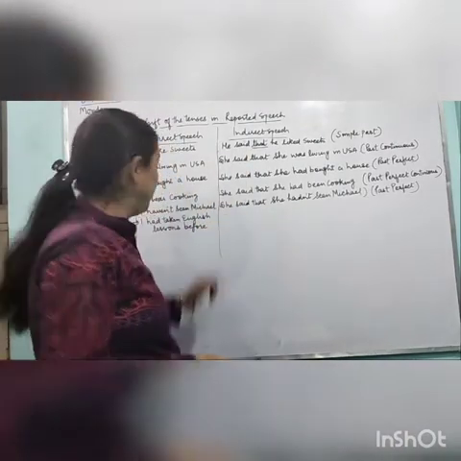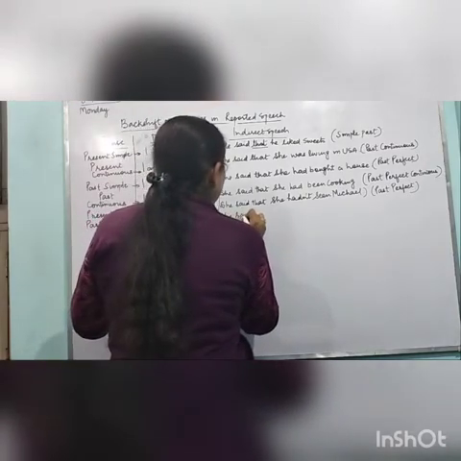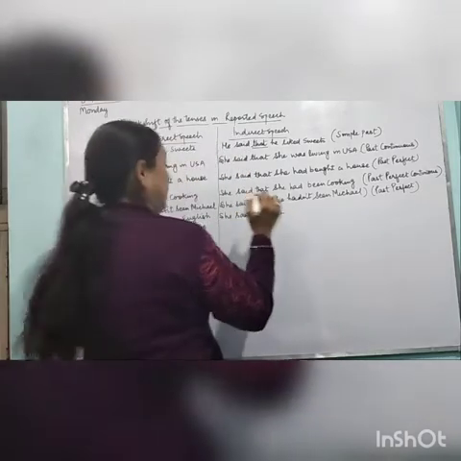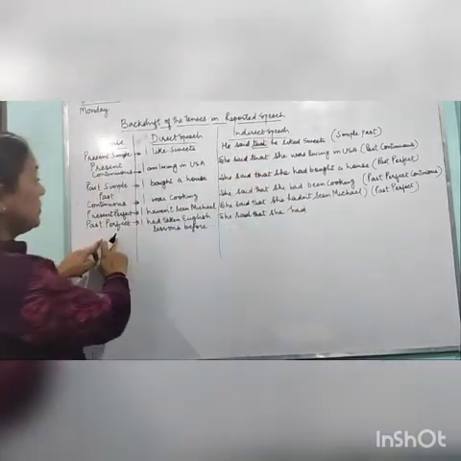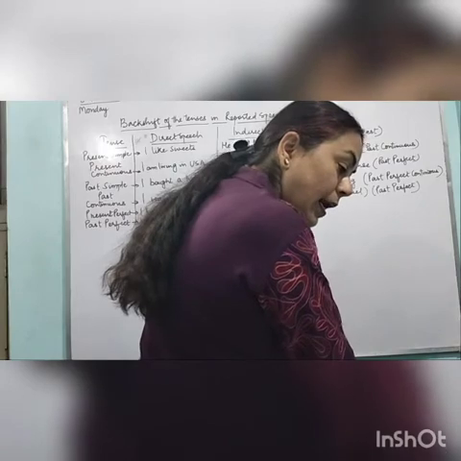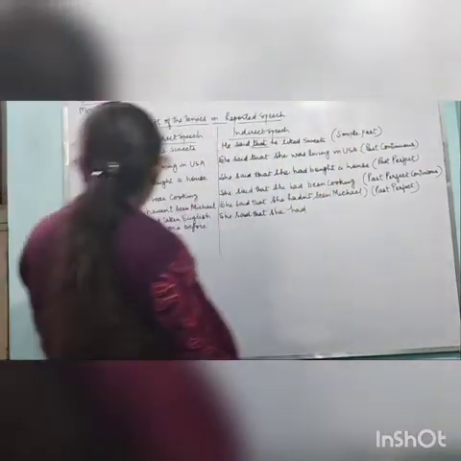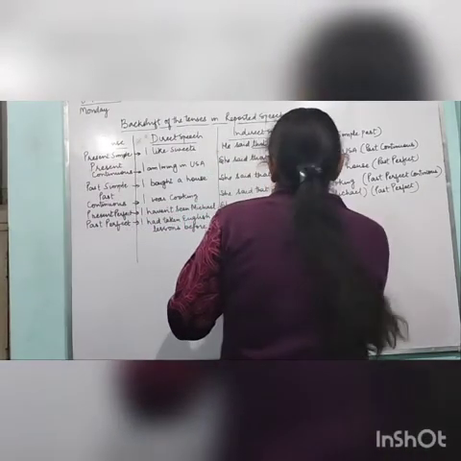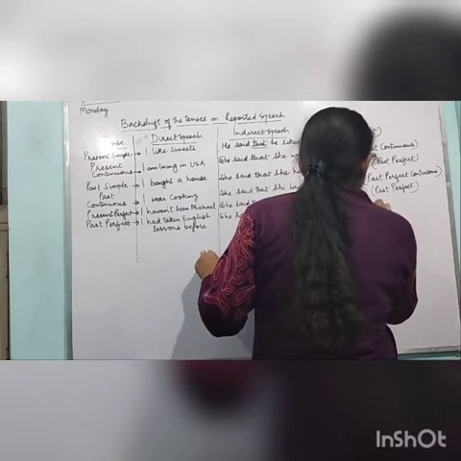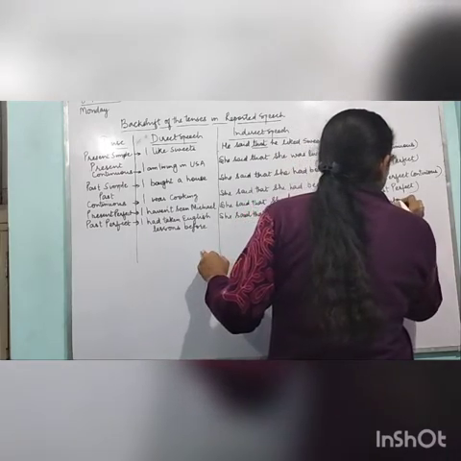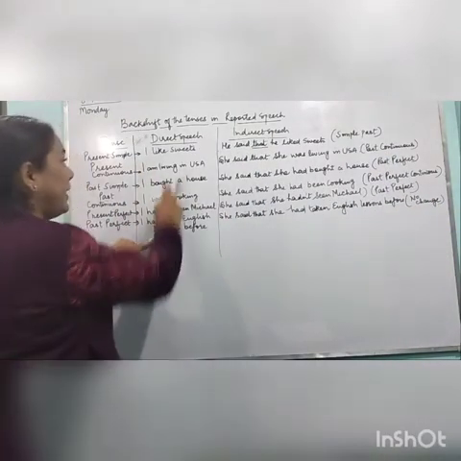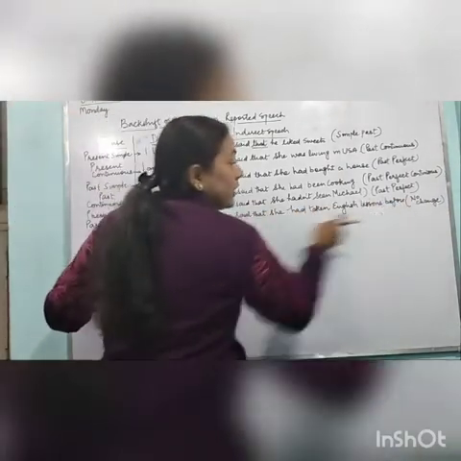It will be changed into she said that she had. पास्ट परफेक्ट है ना, तो किस में चेंज हो जाएगा? शी हैड टेकन, नो चेंज. ओके, जो पास्ट परफेक्ट है it will not be changed. शी हैड टेकन इंग्लिश lessons before. So here no change will come. If already the direct speech is in the past perfect, so no change will come here.